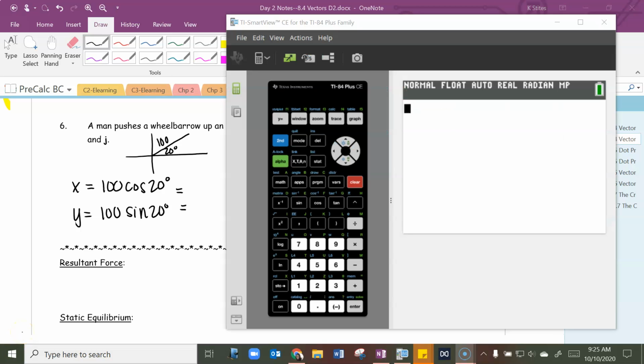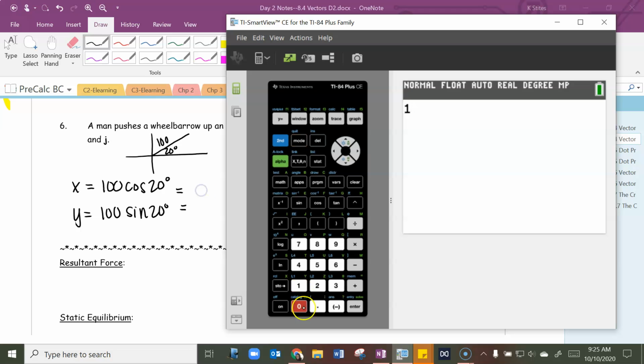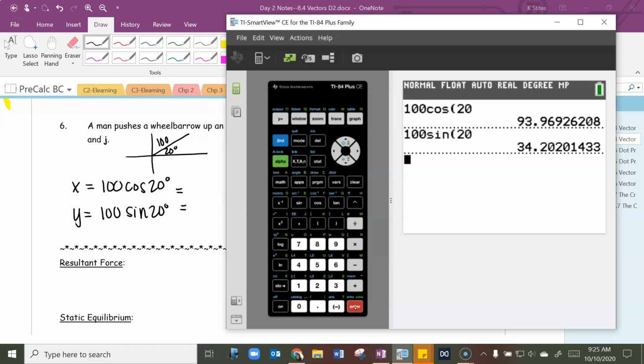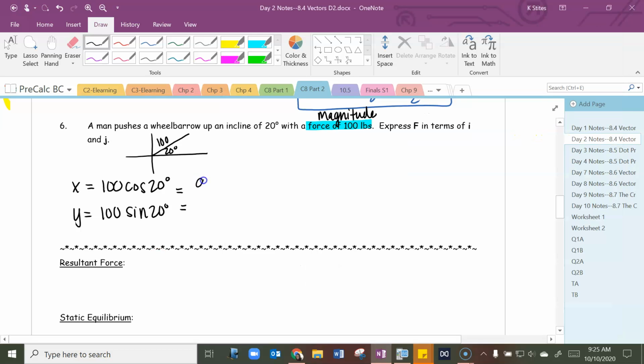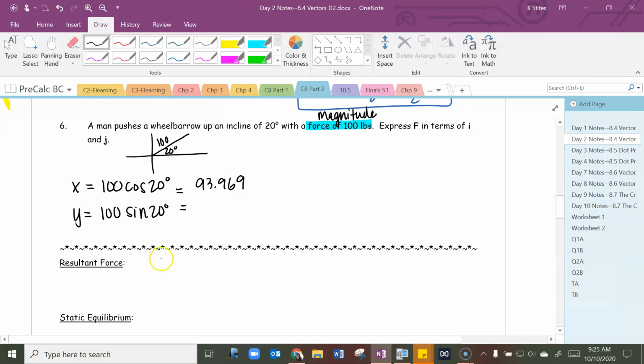All right, I had to go ahead and pull my calculator up. We do want to make sure we're in degree mode, which I am not, so I will switch that. Okay, and then we can just type this in. 100 cosine 20 and 100 sine 20. And then we'll always round to the nearest thousandth, so 93.969 and 34.202.